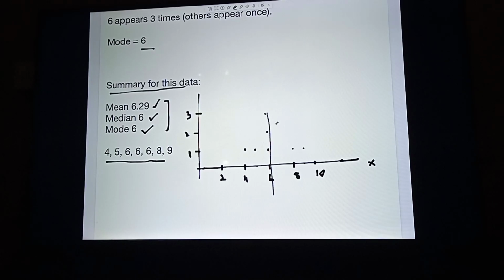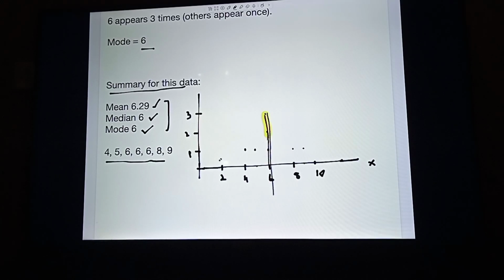Then the median is exactly 6. So this is exactly 6 for the median. And then the third, we don't go above this 3 because this is the height, and the height is 3 only. And then is the mode. Mode is again 6, so you just draw a double line on it.